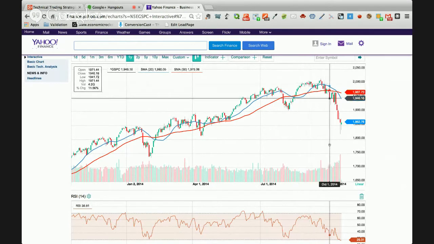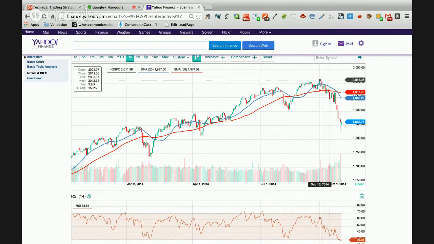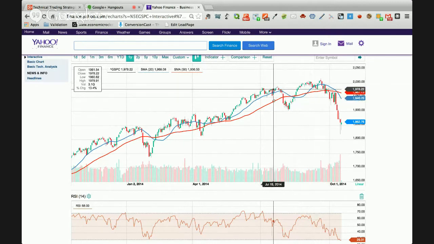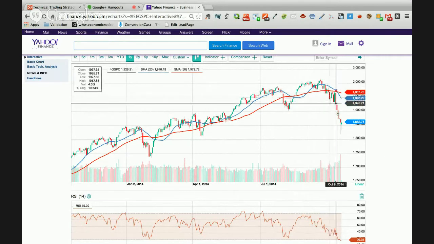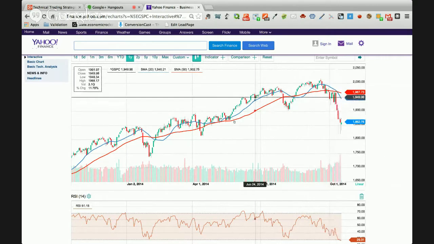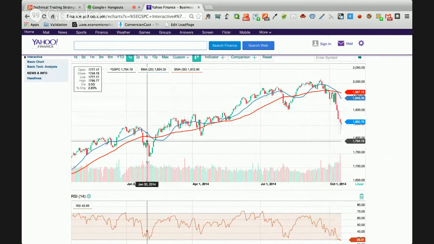Okay, so there's a couple of things that had gone on prior, and I'll show you one more. A couple of things have occurred in the S&P in the run up to what's actually going on in the last week and a half, two weeks. Firstly, the long-term trend.